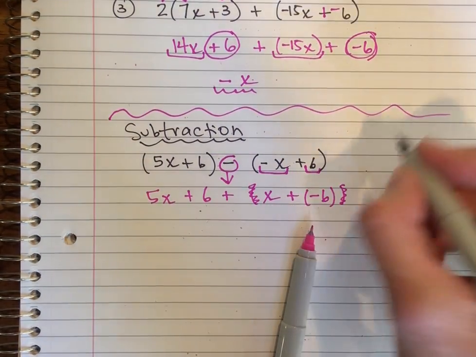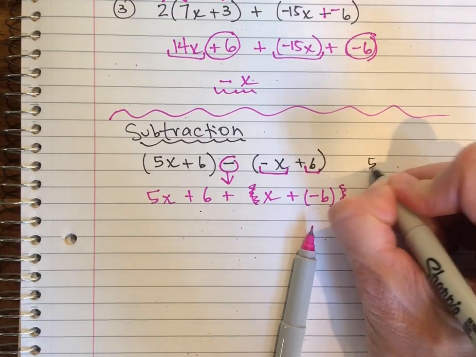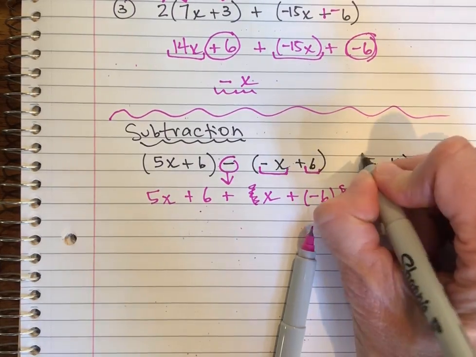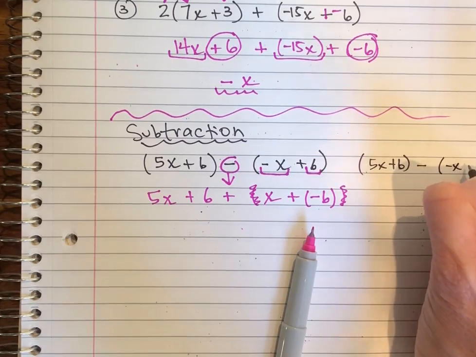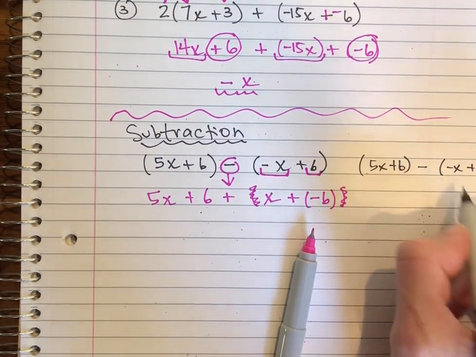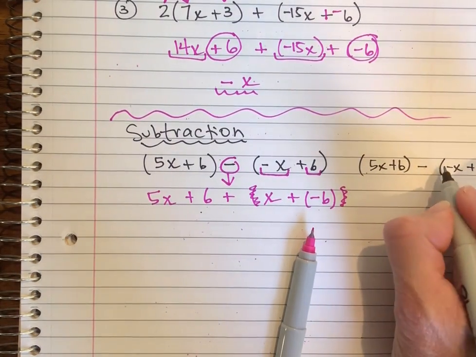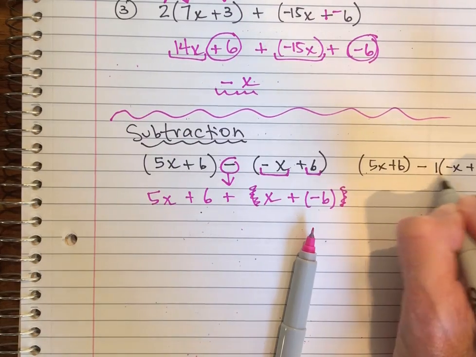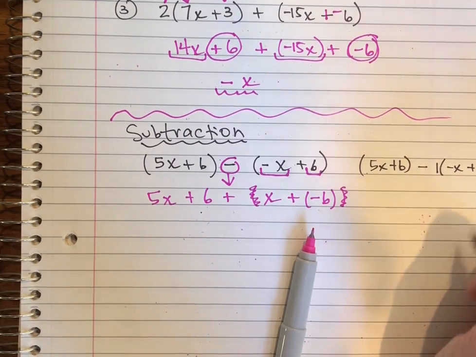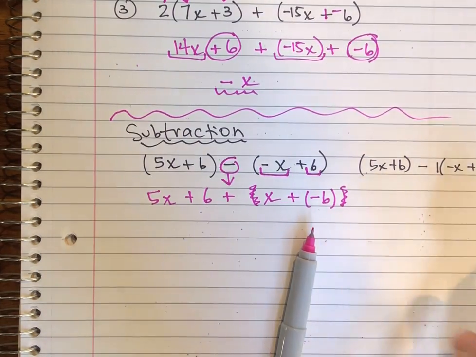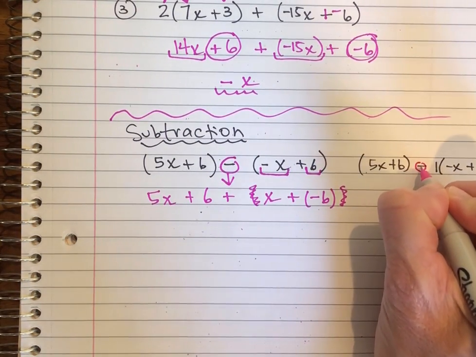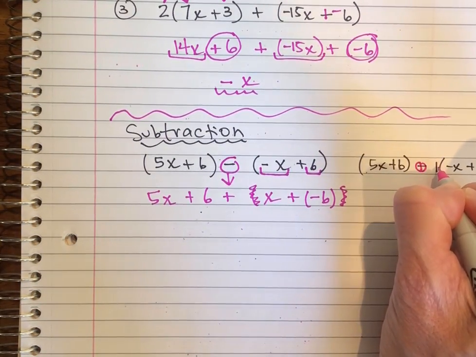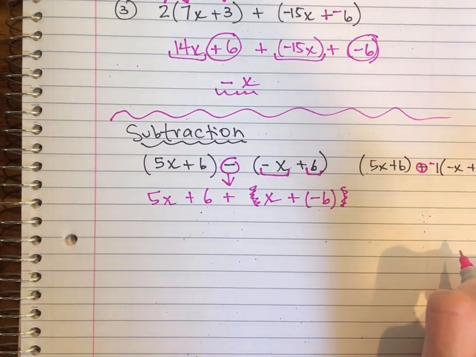Okay? Another way to think of it: if I have my first expression, 5x plus 6 minus negative x plus 6, I can think of this as a 1 here. Remember, a 1 can be implied. 1 times anything is the same thing, okay? So subtraction would still change to addition, and the 1 would change into a negative 1.